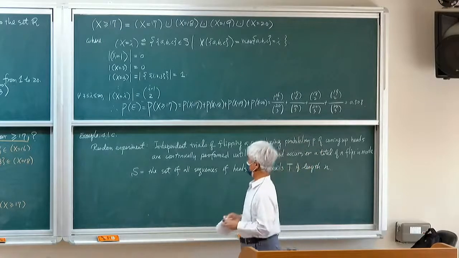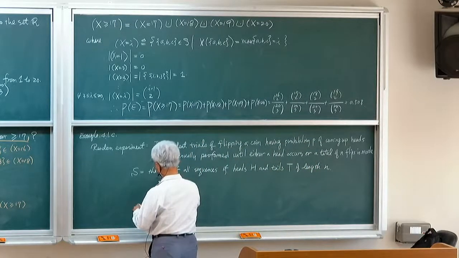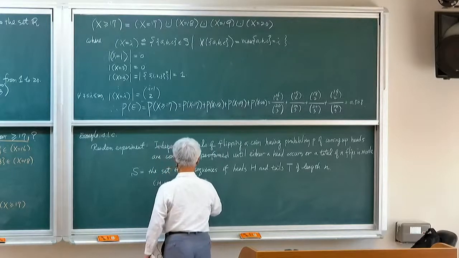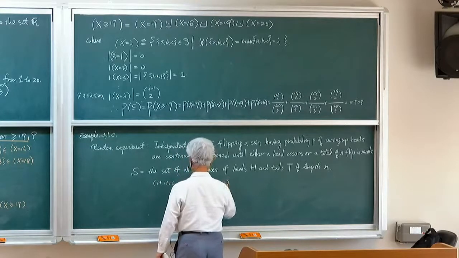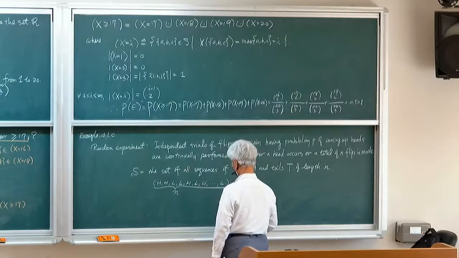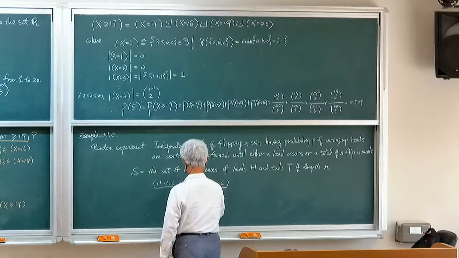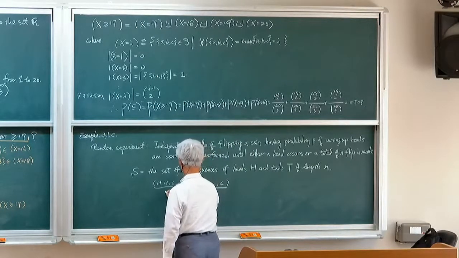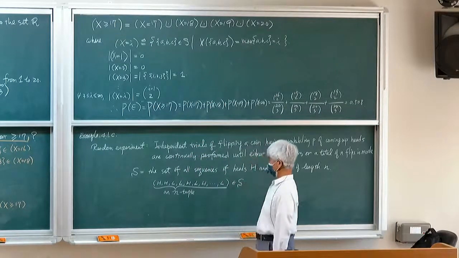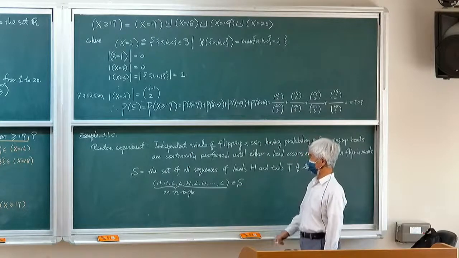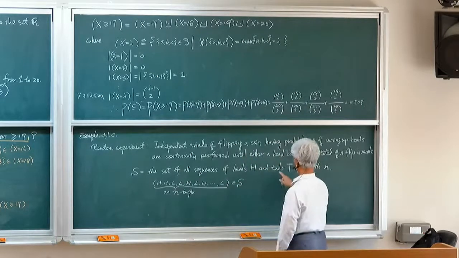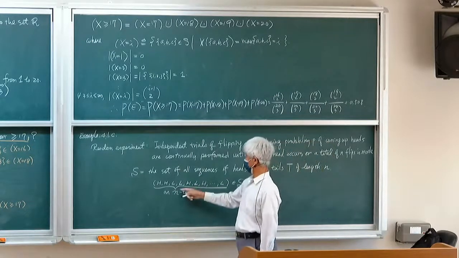So in the sample space, each outcome is just a sequence of heads and tails of length n.